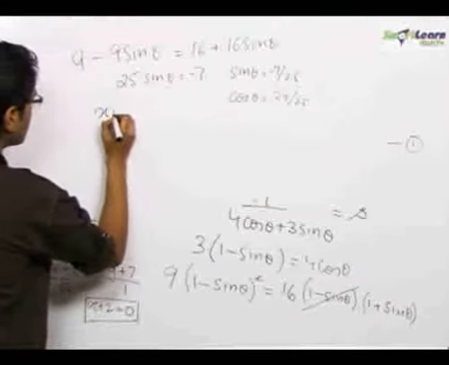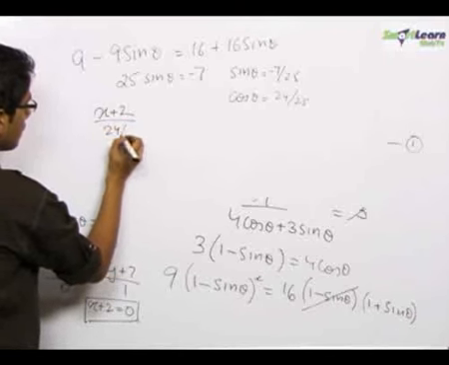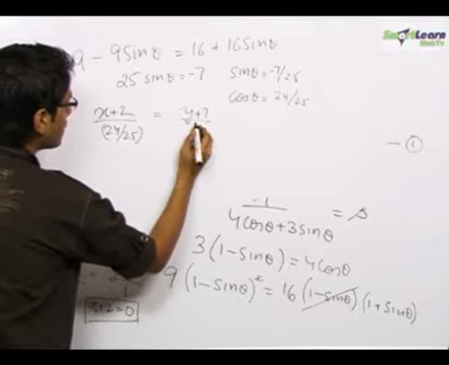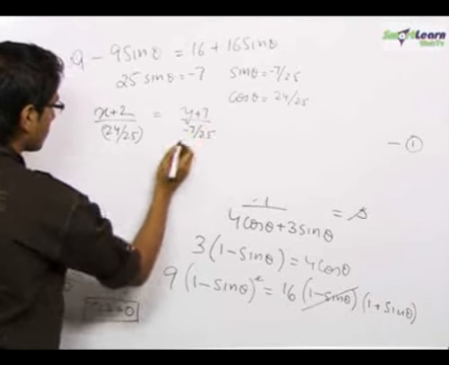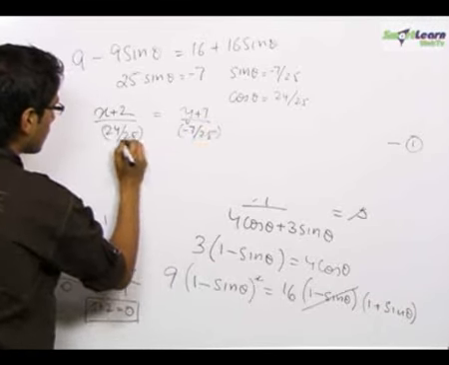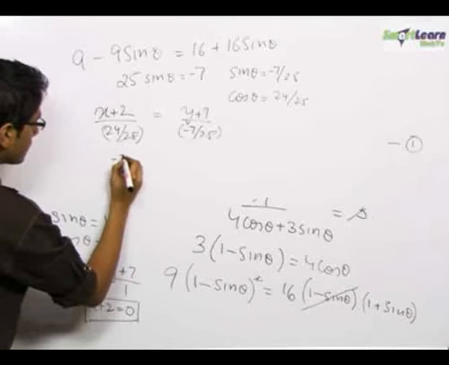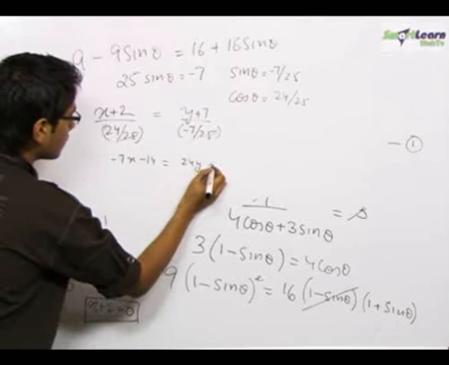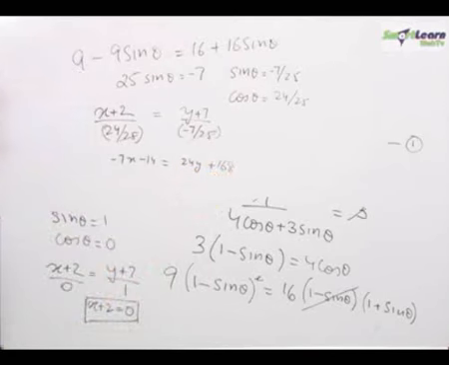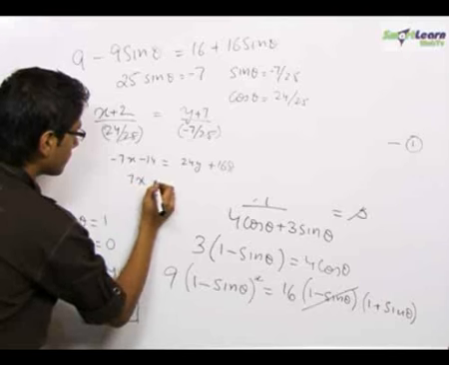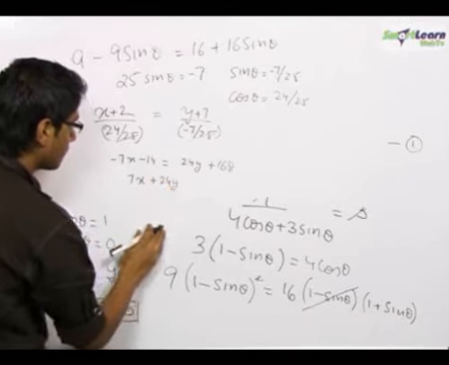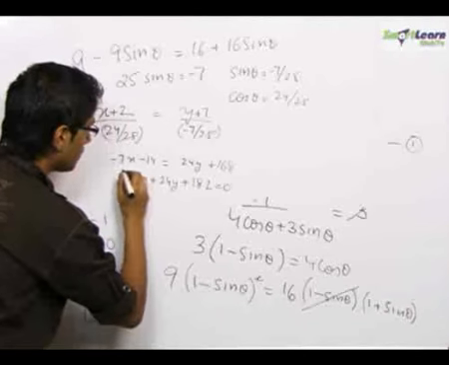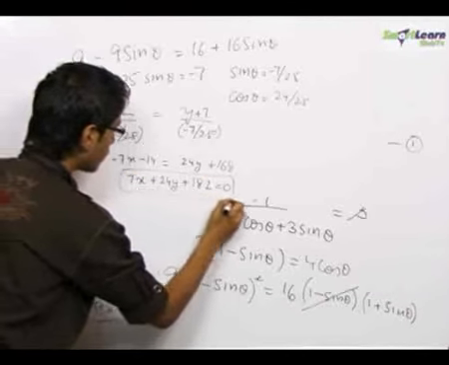So we can write (x + 2)/(24/25) = (y + 7)/(-7/25). On cancelling this 25 factor, we get -7x - 14 = 24y + 168, which gives us 7x + 24y + 182 = 0. So this can be our second equation of the line.